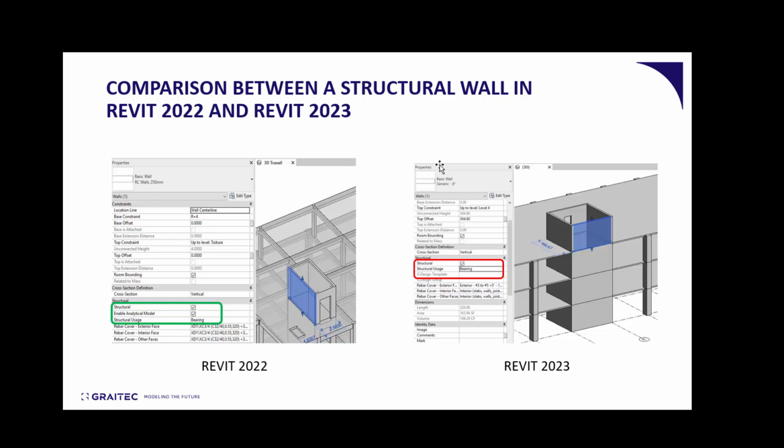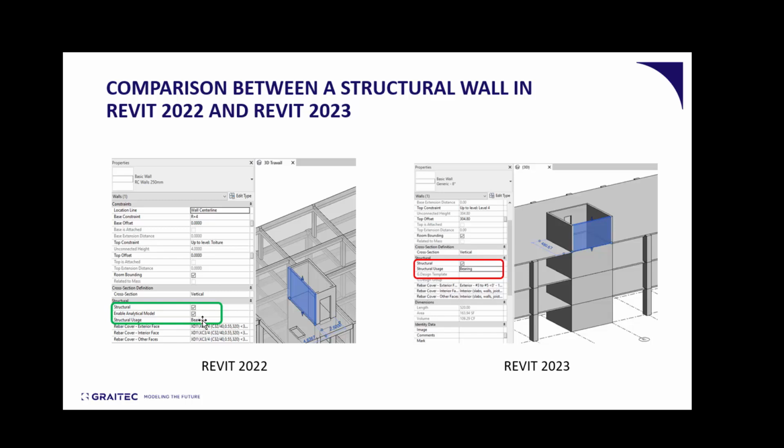We can notice that the properties are the same for the most part. There is just something which is missing or not allowed by the software, which is the fact that we are not able to link our structural wall to an analytical one.